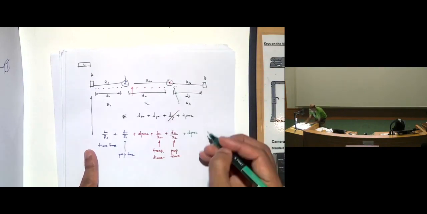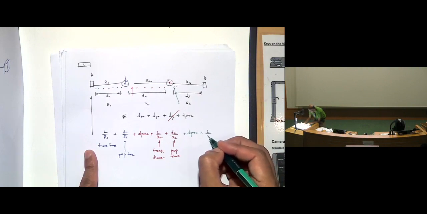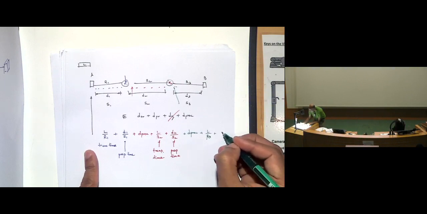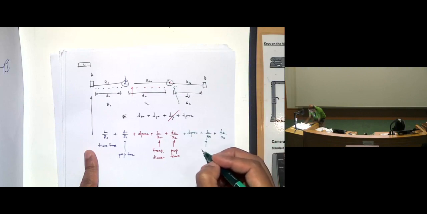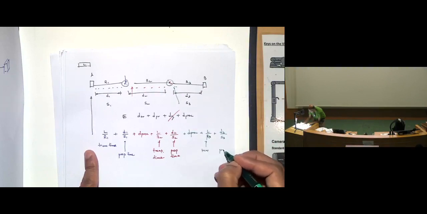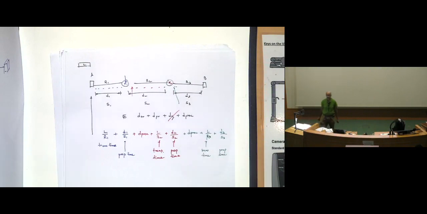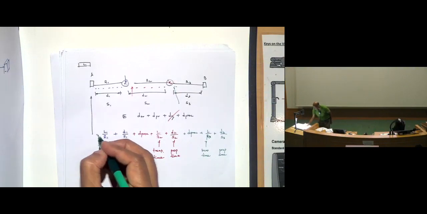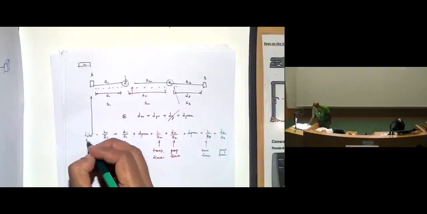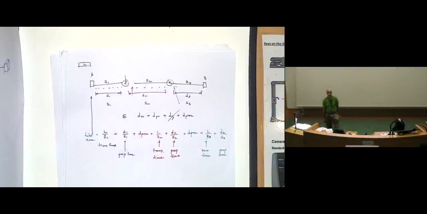Then the packet needs to be transmitted at R3, sorry, and then so on. Right, so the total time it will take for my packet to go from A to B is this. So that's the first part of the problem.